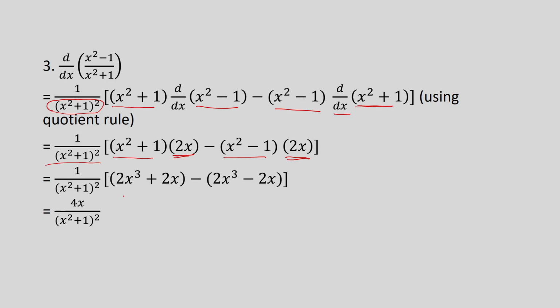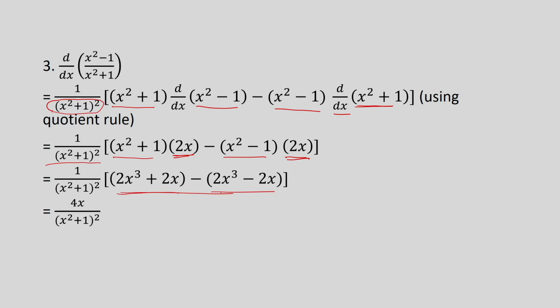In the next step we simplify it further. So, we are multiplying 2x with x square plus 1. So, 2x cube plus 2x, and minus x square minus 1 multiplied with 2x will give me 2x cube minus 2x.